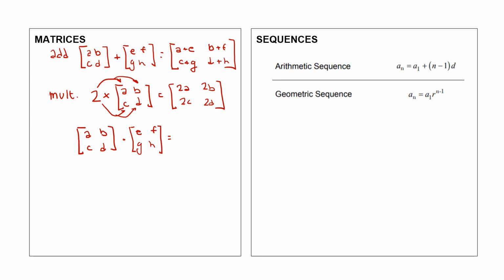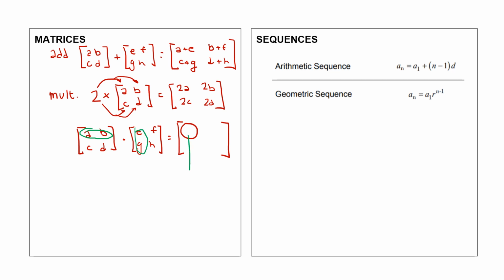And in this case, for this first item, we have to look at the first row of the first matrix and look at the first column of the second matrix.